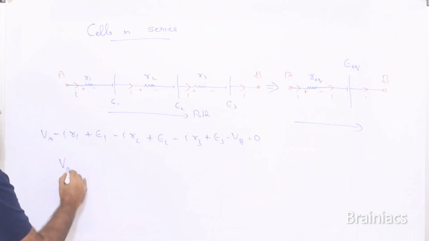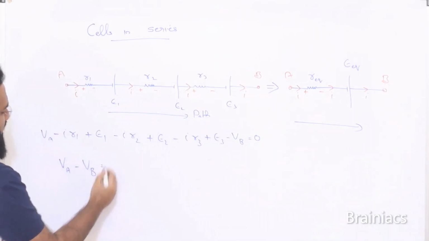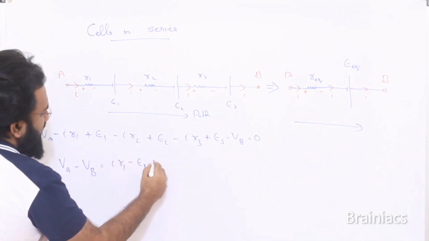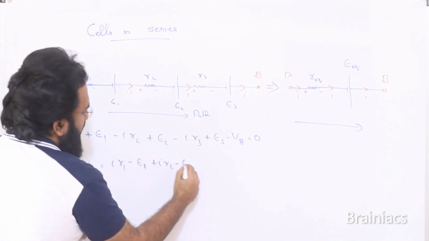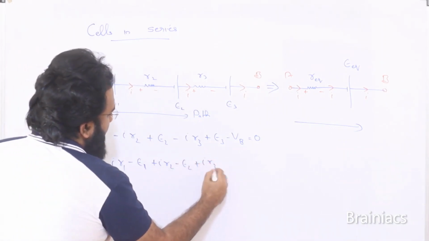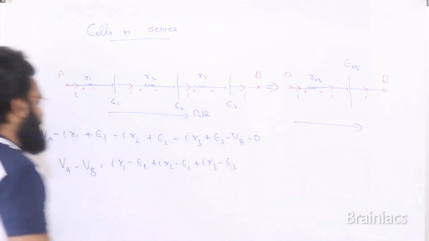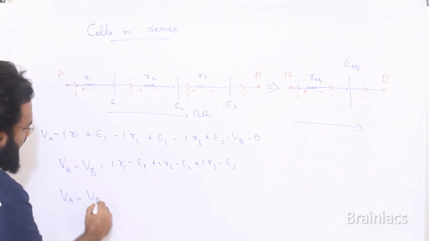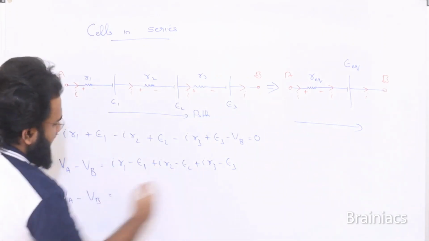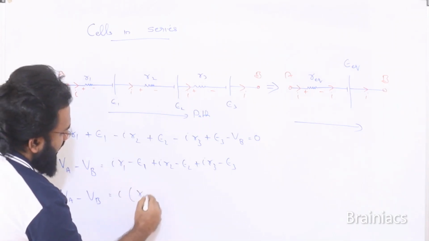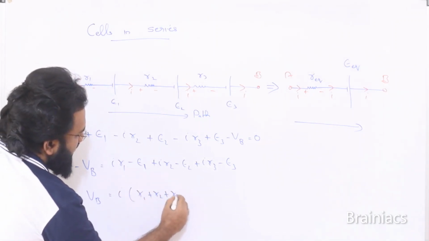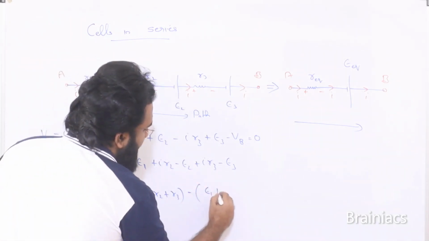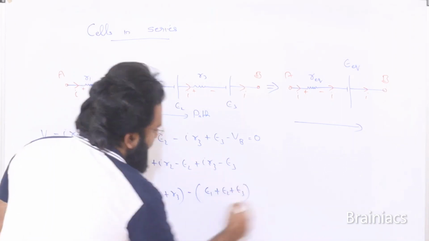So I can write VA minus VB is equal to IR1 minus E1 plus IR2 minus E2 plus IR3 minus E3. Clear? So here VA minus VB, if we take I outside, we can write I into R1 plus R2 plus R3 minus E1 plus E2 plus E3.